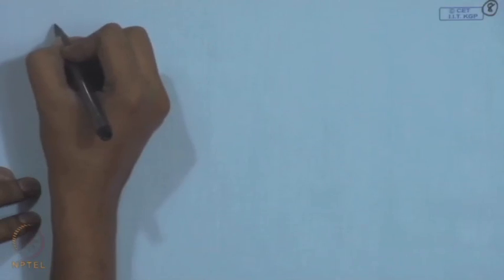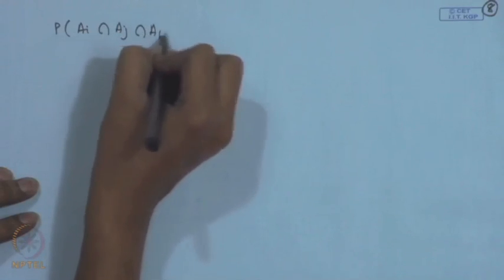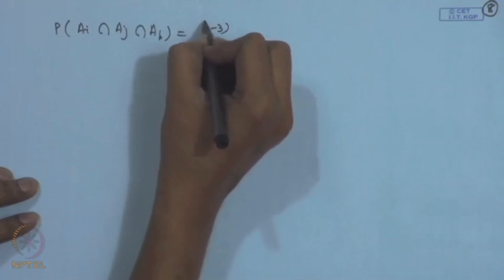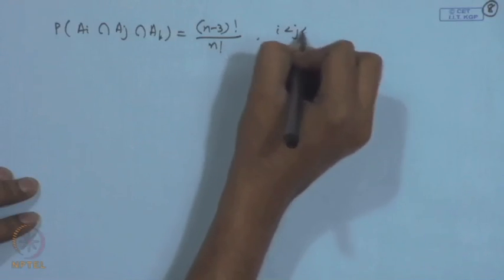Now, continuing this, if I write probability of Ai intersection Aj intersection Ak, that will become n minus 3 factorial by n factorial, where i less than j less than k, and so on.